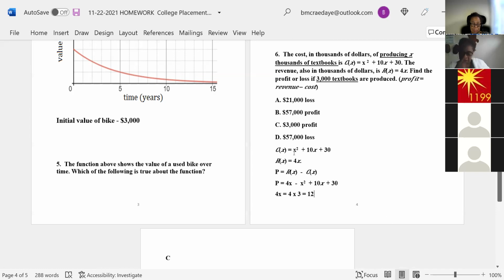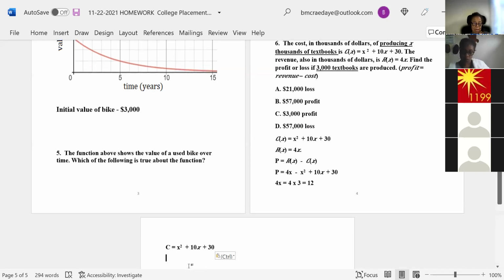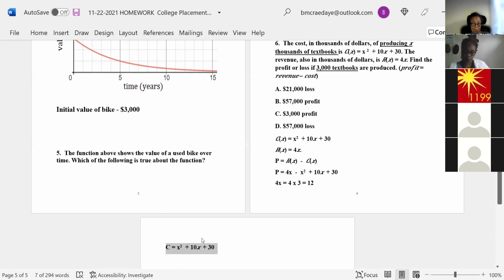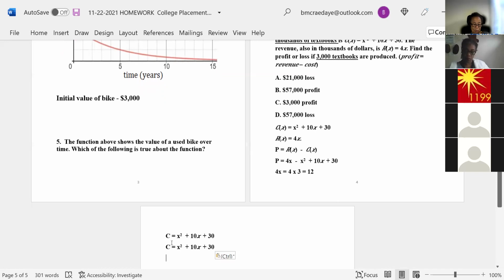Okay, so that cost would be, let's take this formula for cost, put it here. Now, X would be what? That's our 3 for the 3,000, right? So this would be 3. And then this would be what?